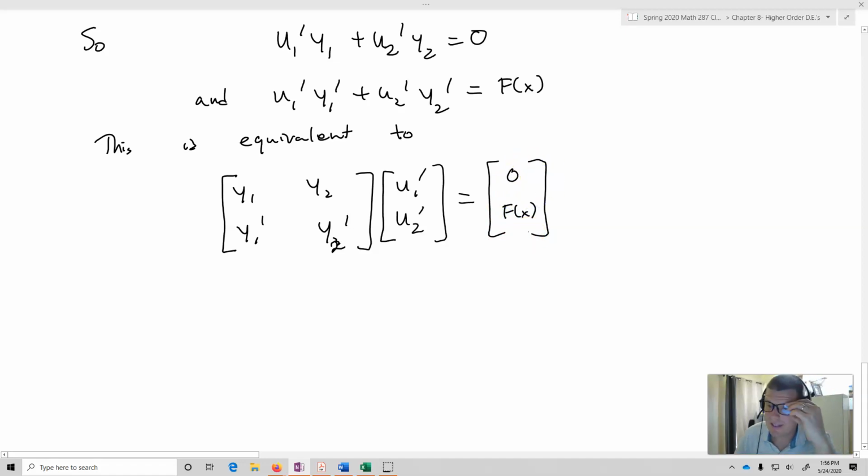So if we solve that system of equations, that's going to give us u1 prime and u2 prime, which is not what we're looking for, but it's going to get us really close. Because then all we've got to do is take the integral. We take the integral of u1 prime, we take the integral of u2 prime, and what we end up with is, ta-da, u1 and u2, which are what is necessary for us to solve the differential equation to get yp.